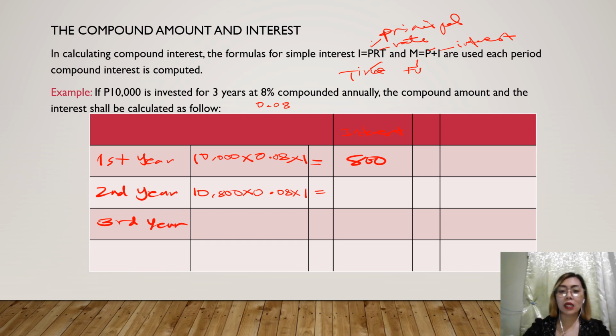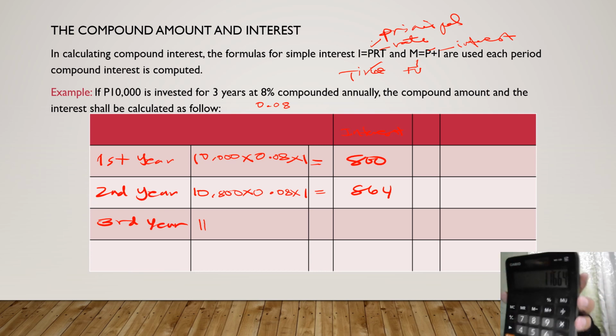Okay, so I'm gonna put 864 here. Then, I will add this 864 doon sa 10,800 natin kanina kasi nag-accumulate yung value. So, magiging 11,664.